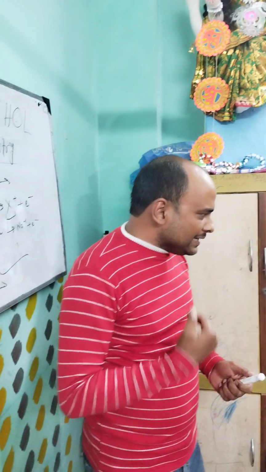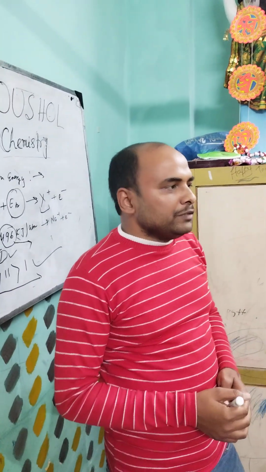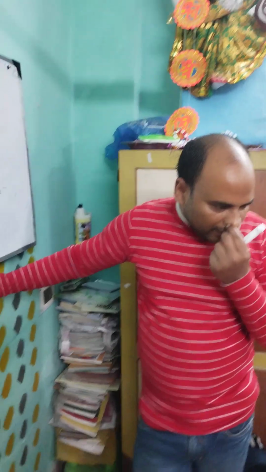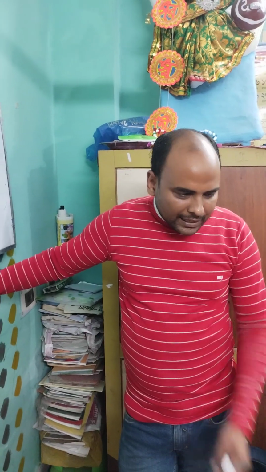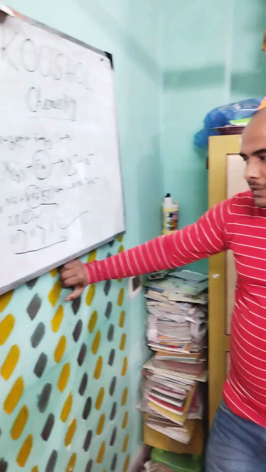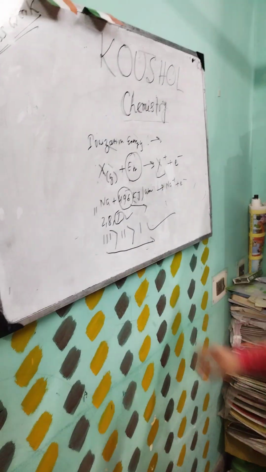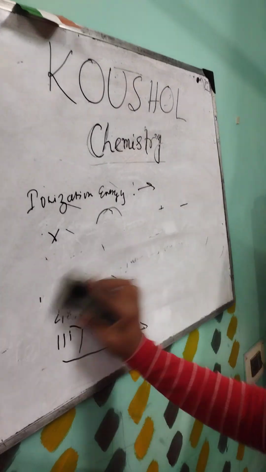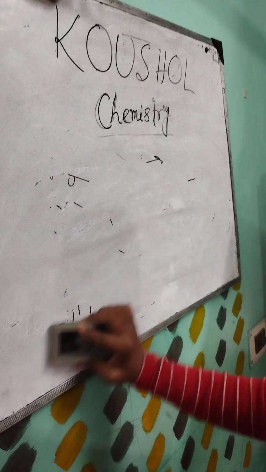But if we go down a group from top to bottom, ionization energy decreases because of increase in atomic radius, meaning new shell addition. Let's explain with an example.